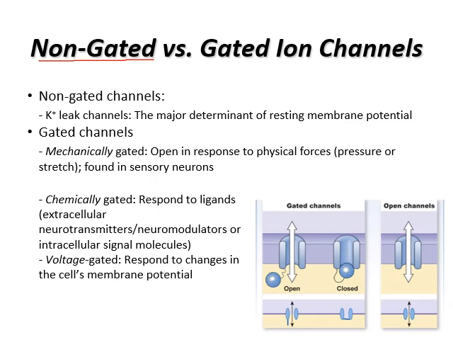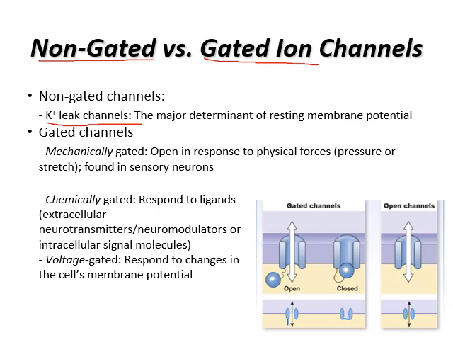Those leaky potassium channels are always open, so they are non-gated channels because they allow potassium to leak out. They are not closed. There's no closing them. Gated ion channels are only open in response to some kind of stimulus.